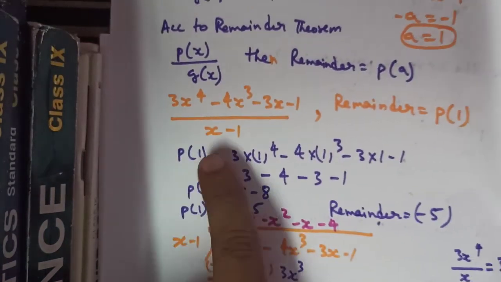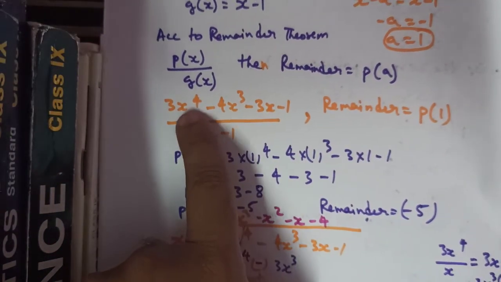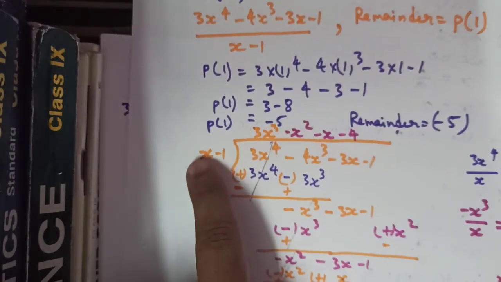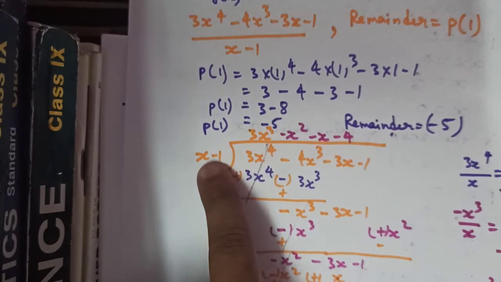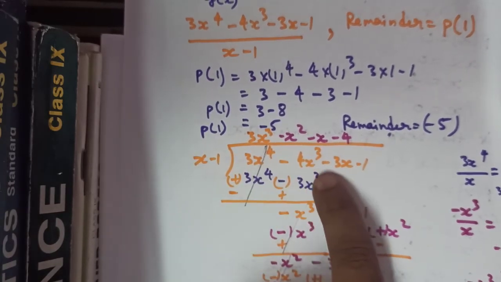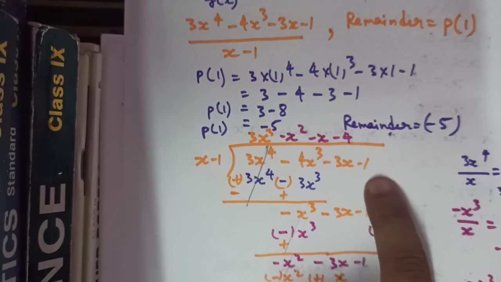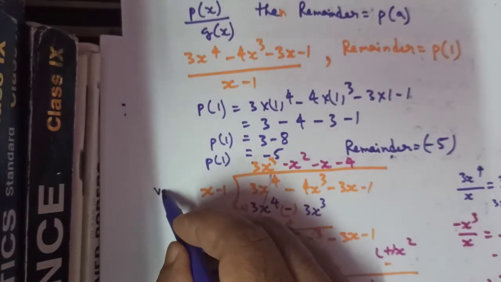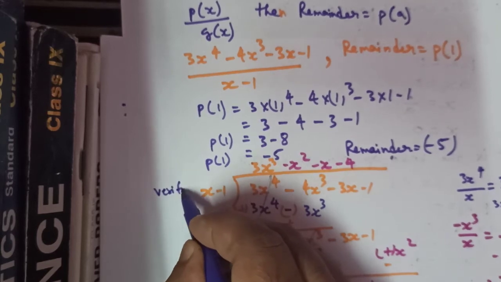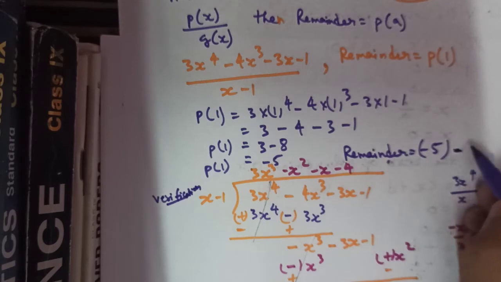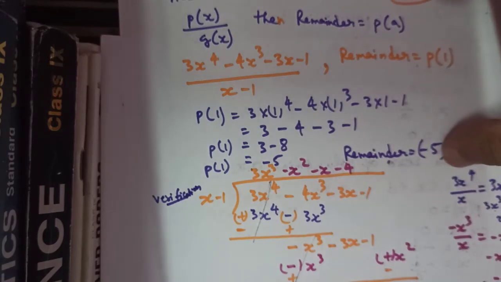Here p(x) was the dividend and this was the divisor, and in the verification by long division also, 3x power 4 minus 4x cube minus 3x minus 1 is the dividend and x minus 1 is the divisor. From here the verification was started. This is the verification part. The remainder theorem is only up to this much.